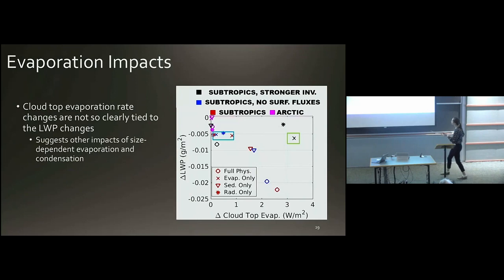And again, if we look at changes in the actual cloud top evaporation, we're seeing large differences in how much we are modulating cloud top evaporation. But again, we're getting essentially always the same change in liquid water.